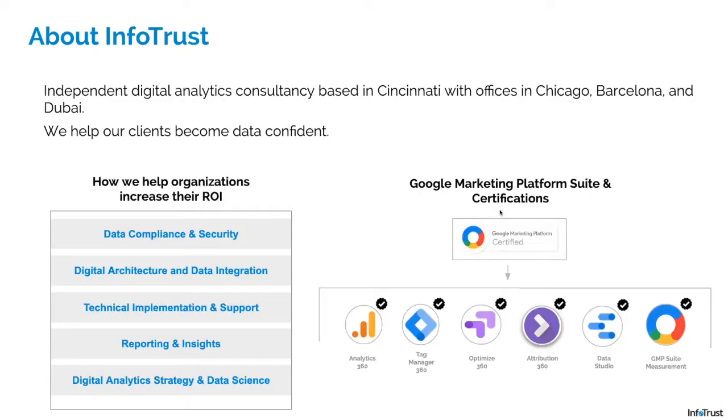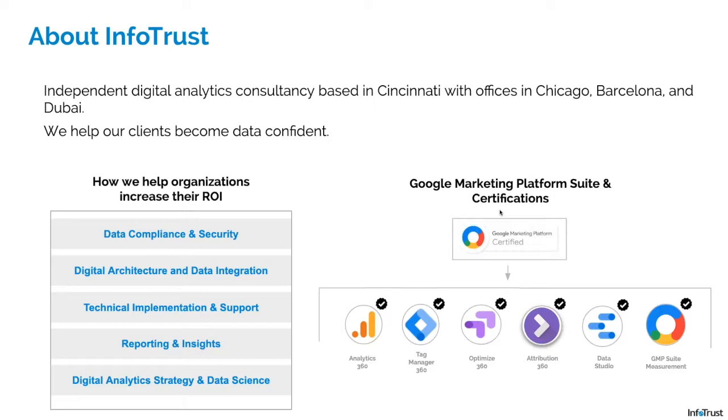All right, and now that you know us, I'll introduce you to InfoTrust if you haven't heard about us. We're an independent digital analytics consultancy based in Cincinnati, but we also have offices in Chicago, Barcelona, and Dubai. Our mission statement is to help our clients become data confident.